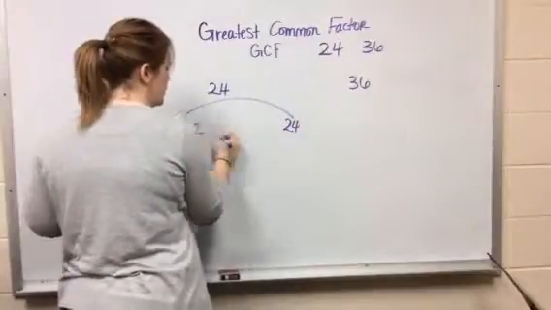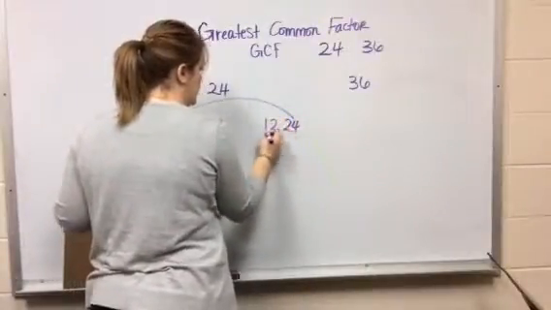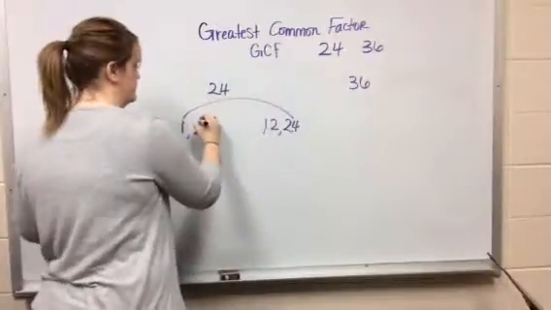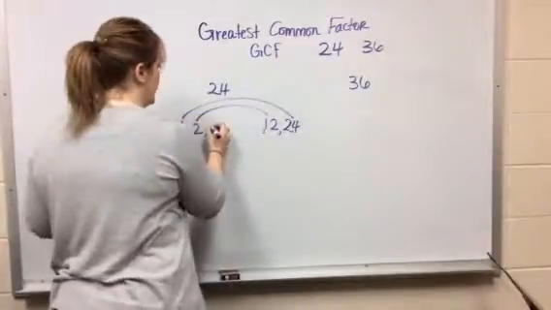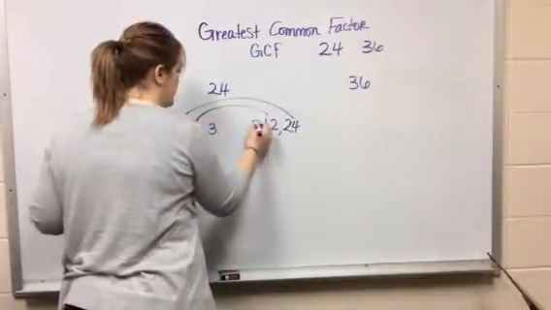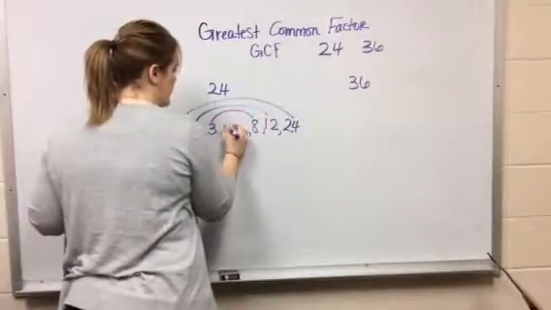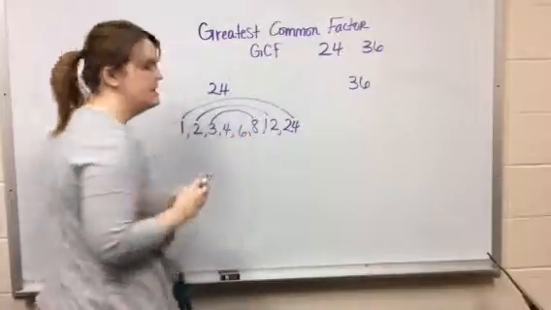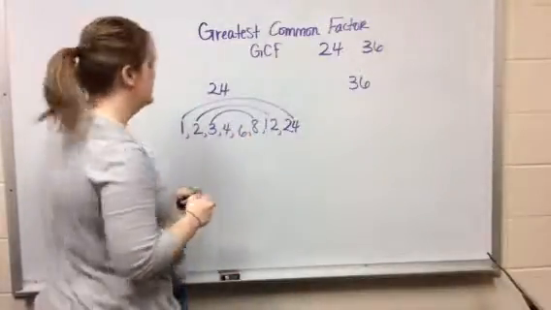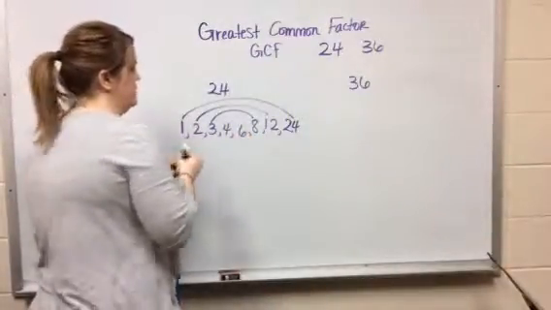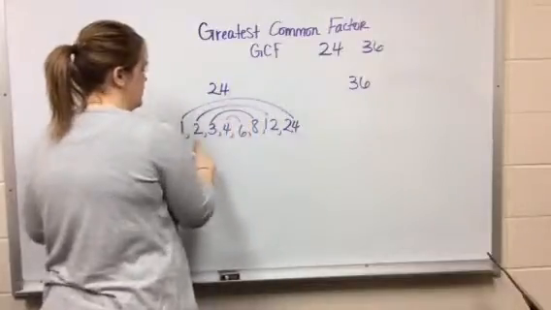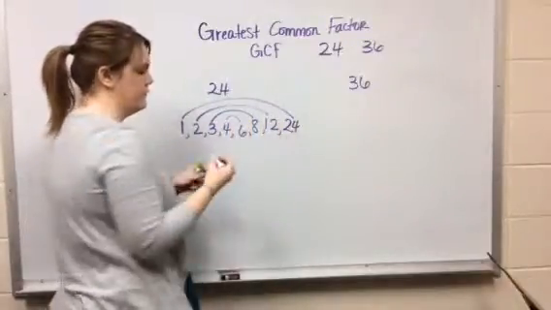I can multiply 2 and 12. I can multiply 3 and 8. I can multiply 4 and 6. And I know that 5 isn't a factor. So my factors for 24 are 1, 2, 3, 4, 6, 8, 12, and 24.